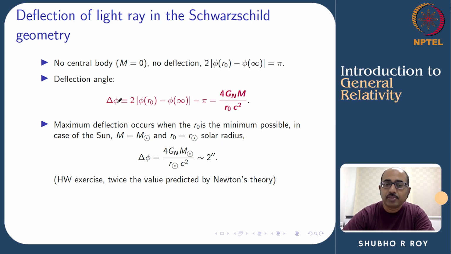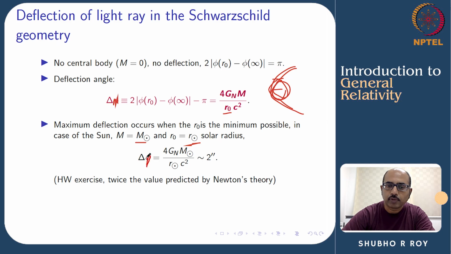This angle is maximized when r0 is minimum. The smallest possible value of r0, the distance of nearest approach, is equal to the radius of the massive object at the center, because then the light ray would be at grazing incidence, almost grazing the surface of the star. So the minimum possible value is r star; in this case, I put r sun, and you can put the solar mass, and work out the magnitude of this deflection.